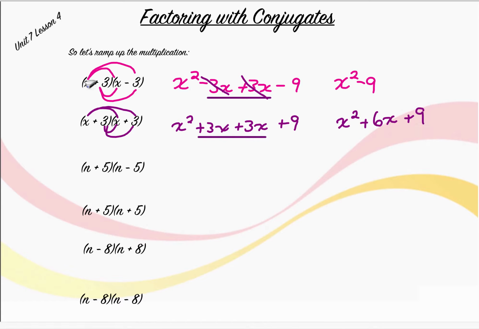Well, let me look back and see why. The one where they canceled out, one was positive and one was negative. The one where they didn't cancel out, they were both +3. Let's keep that in mind as we go along.